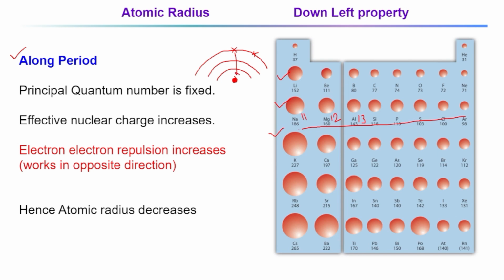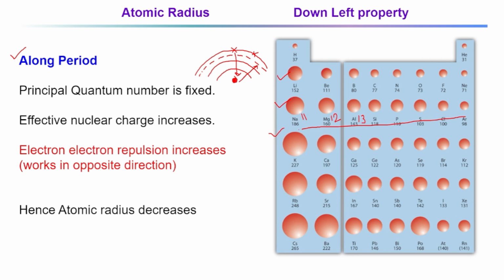These electrons will feel more and more attraction if the proton number increases. So this shell will actually shrink. So the outermost shell will shrink, and the radius, which tells the distance from the center of the nucleus to the outermost shell, will decrease.